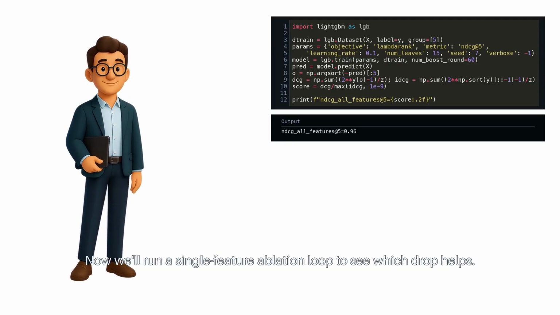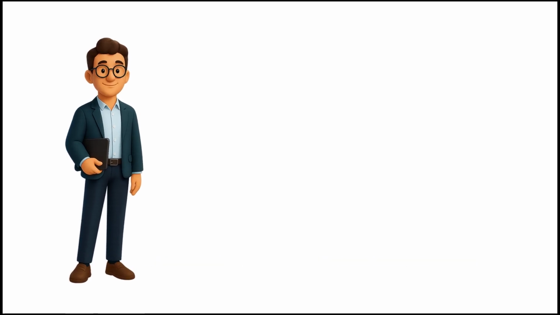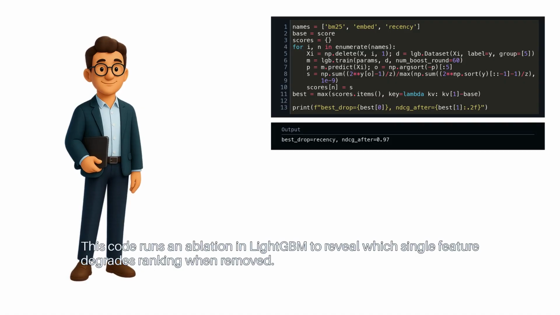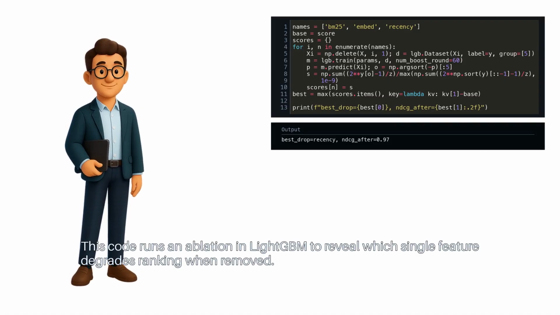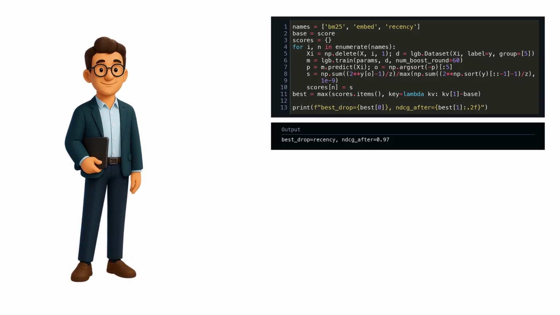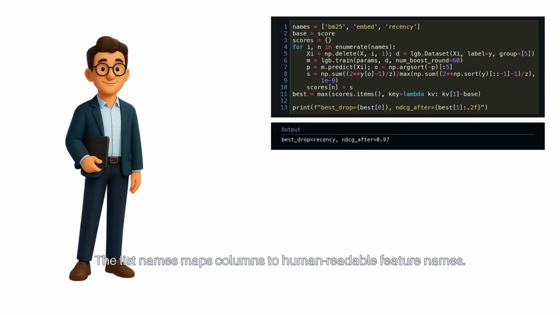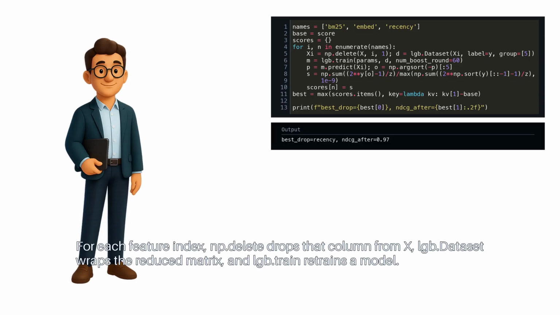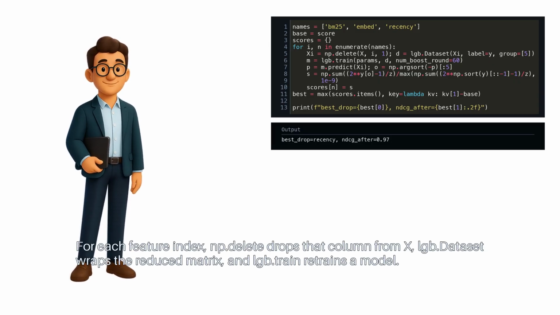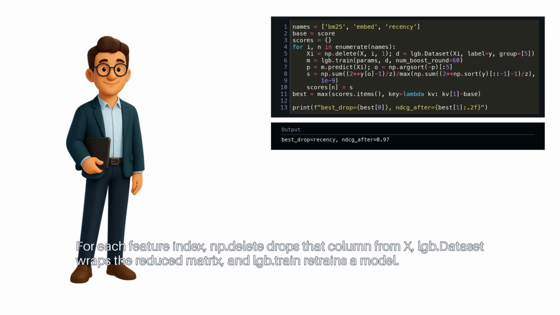Now we'll run a single feature ablation loop to see which drop helps. This code runs an ablation in LightGBM to reveal which single feature degrades ranking when removed. The list names maps columns to human-readable feature names. For each feature index, np.delete drops that column from X. lgb.Dataset wraps the reduced matrix, and lgb.train retrains a model.